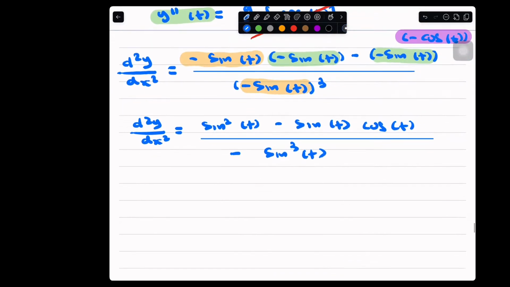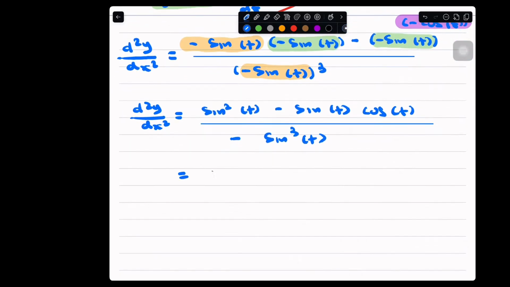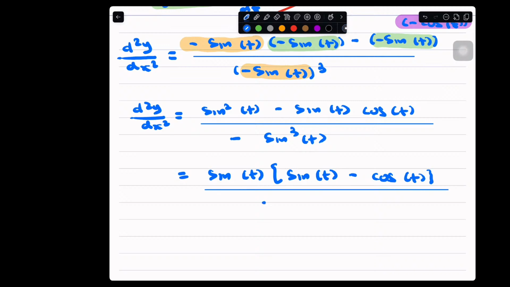So let's factor out in the numerator a sine t, and you'll have a sine t minus a cosine t over a negative sine cubed t.